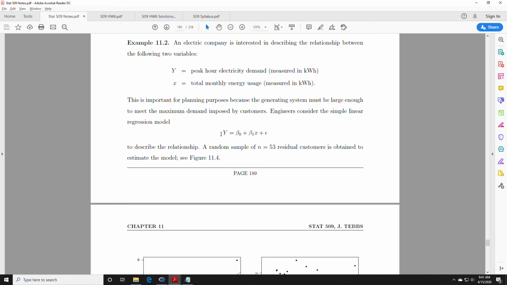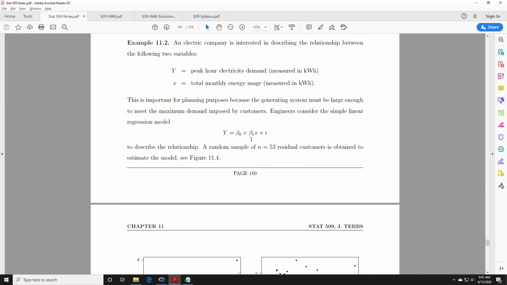So if you instead model the natural log of y, just think about putting natural log of y here, then we have natural log of y equal to beta naught plus beta 1x. Now trying to interpret the slope, for every 1 unit change in x, the natural log of y changes by beta 1. Thinking about that in real life terms, the natural log of y changing by 1, I'm not sure that that's going to necessarily have a nice interpretation for anybody if you just tell them that.